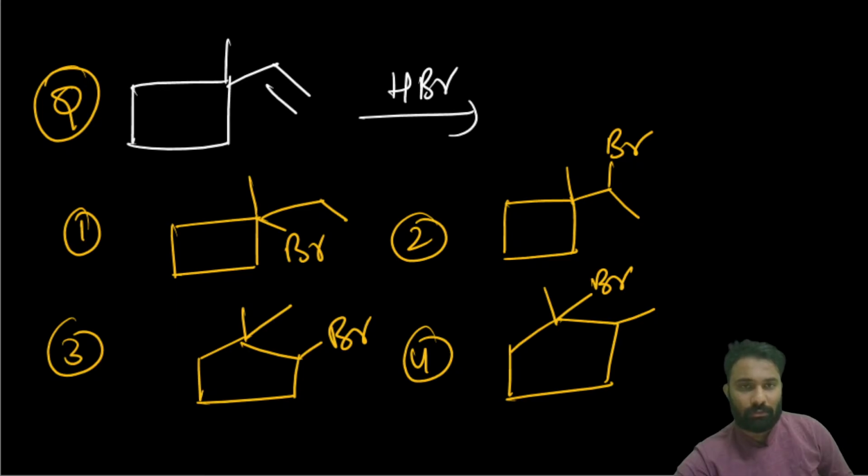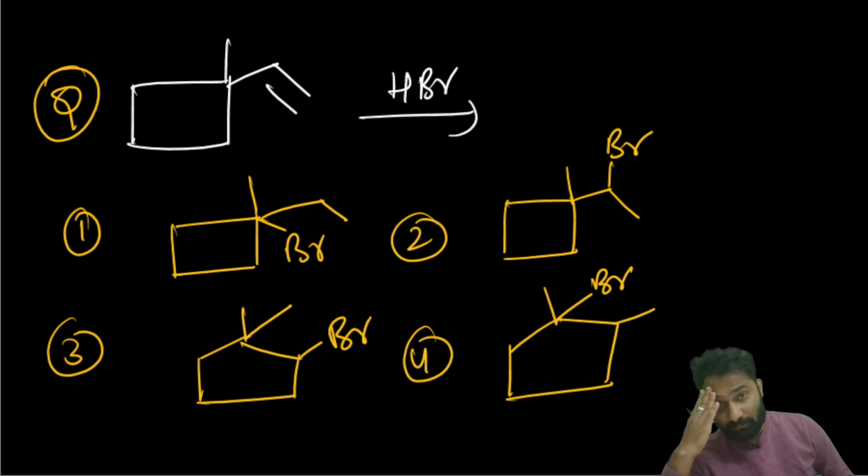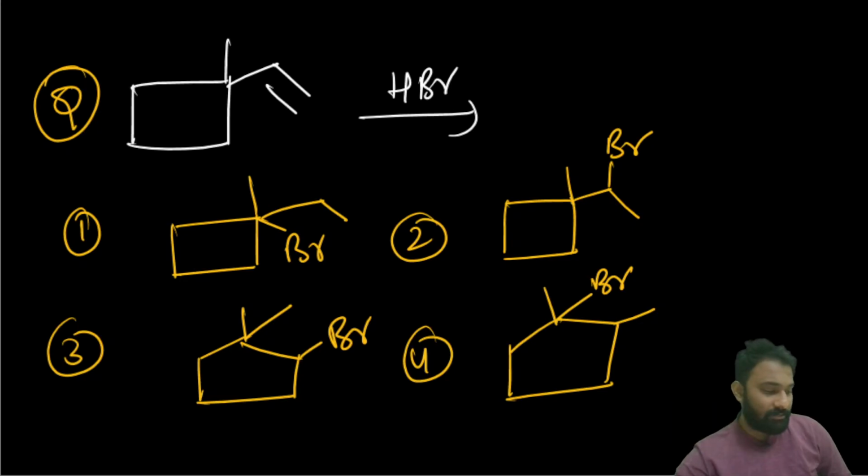Fourth. Why the fourth? Suhas, why is the fourth the major product? Ring expansion, and after the ring expansion, which shift happened?